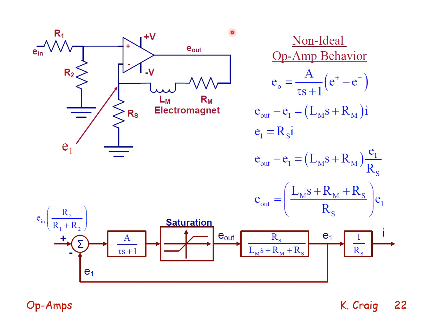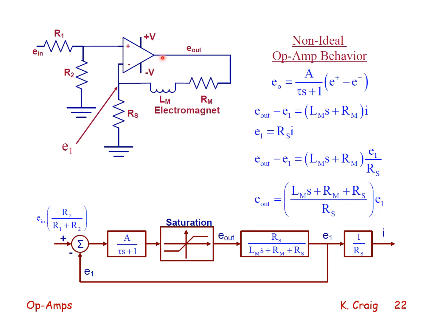Let's consider the non-ideal op-amp behavior of the transconductance amplifier. E in is related to the non-inverting input through the voltage divider made up of R1 and R2.